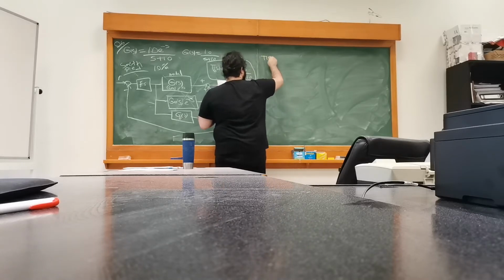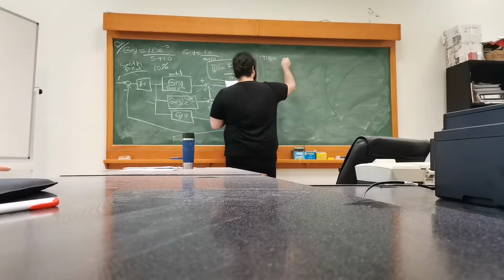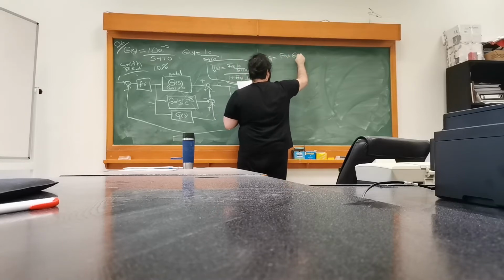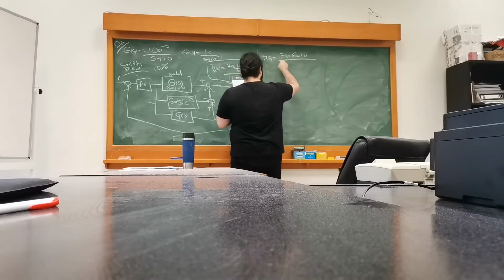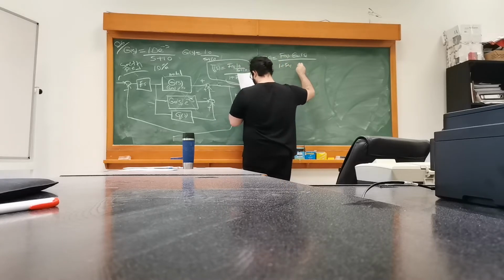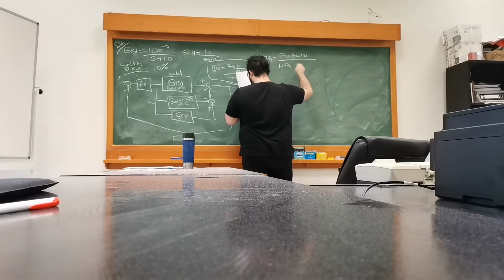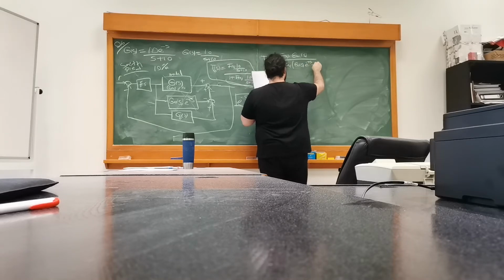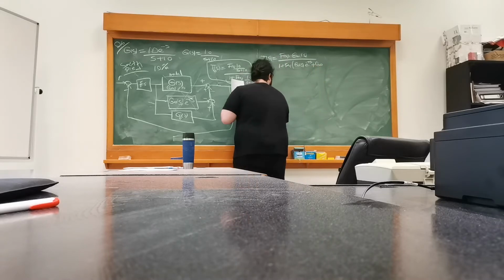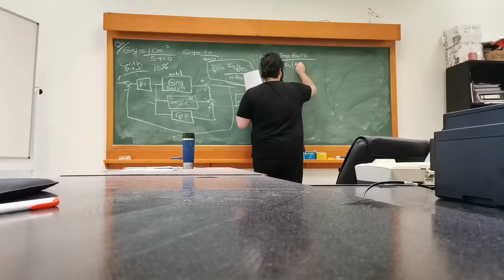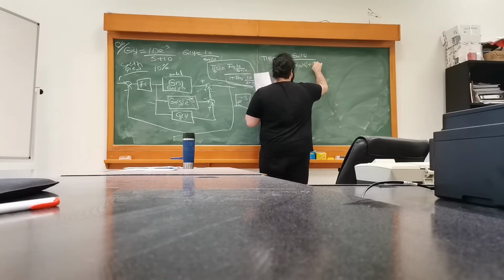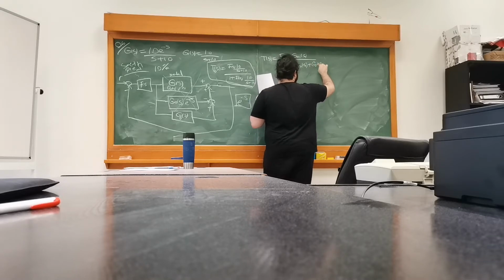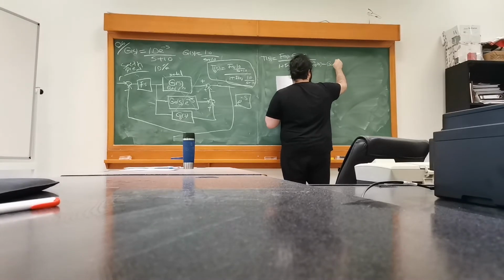The whole closed loop looks like this. Of course, you have to work it out yourself, but F(s) times the model G_m(s) divided by 1 plus F(s) times [G0(s) minus G0(s) e^(-τs) plus G_model(s)].